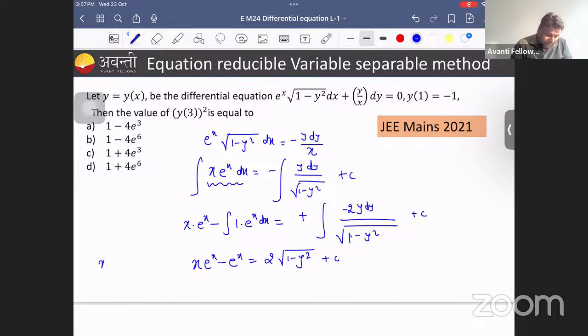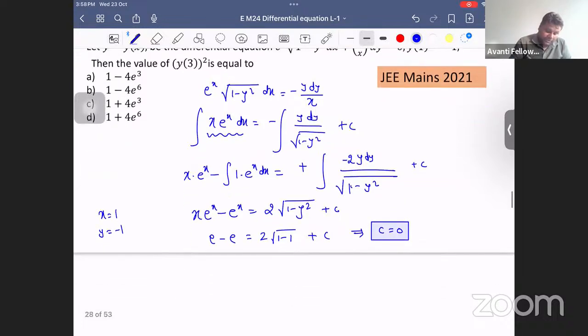Now, when x equals 1, y equals minus 1. Put it here: e minus e is 2 into under root of 1 minus 1 plus c. So in that case, c goes 0. Got it? So if c is 0, you get x e to the power x minus e to the power x is 2 under root of 1 minus y square. C is 0. Am I correct?